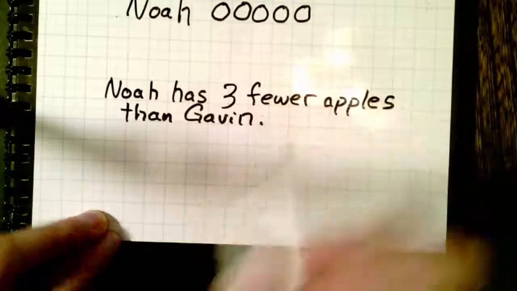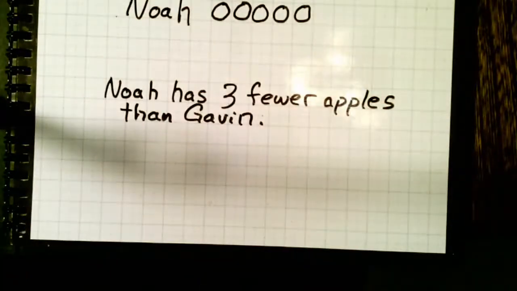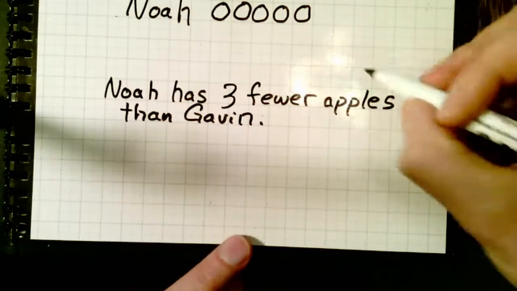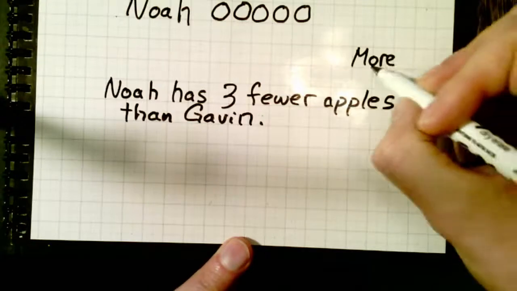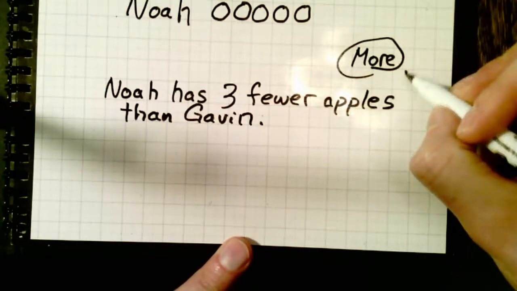So Noah came into the school the next day, and today he has 3 fewer apples. We want to do the same thing that we did before. We want to circle what's more, and we want to underline what is fewer.